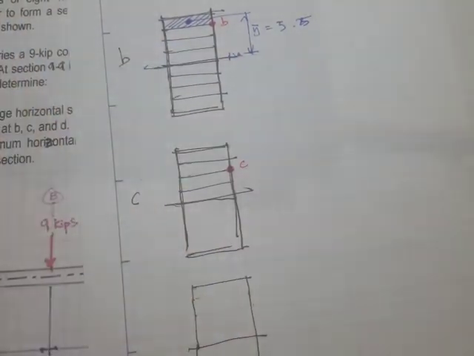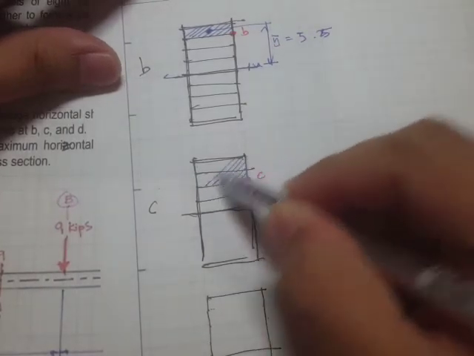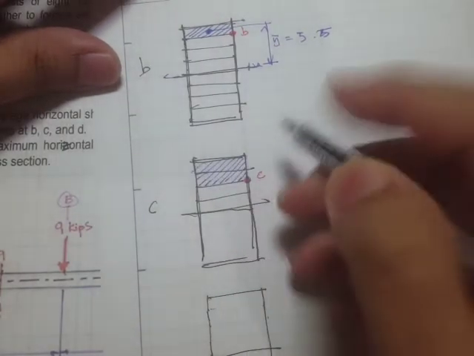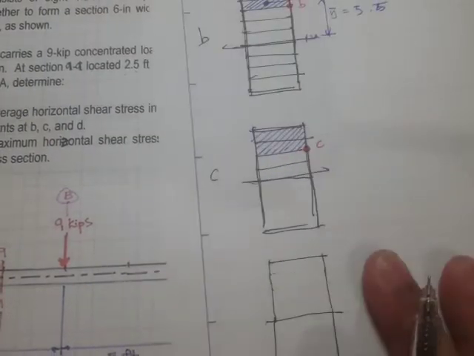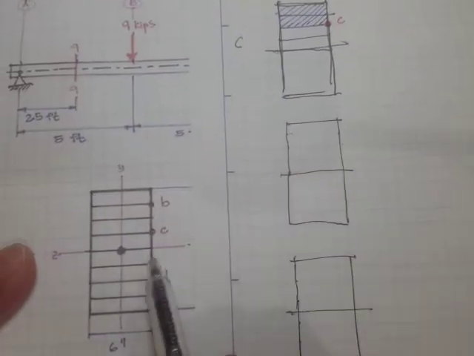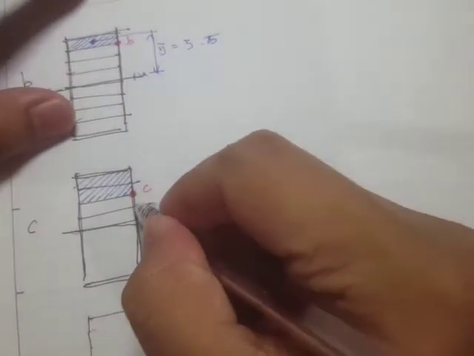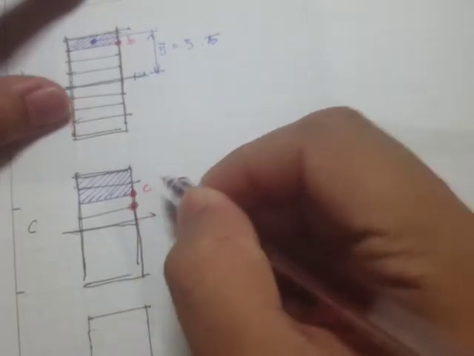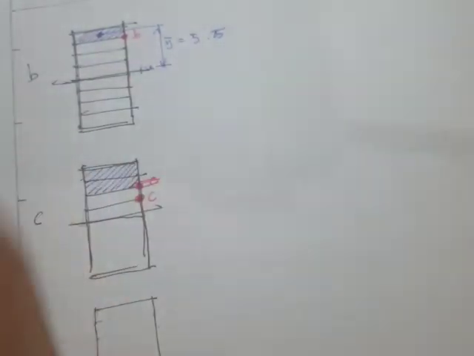The area that we'll be considering is the area above this point. Sorry, the point C should be right here. Sorry about this, this must be right here. Here's our point C, not this one.